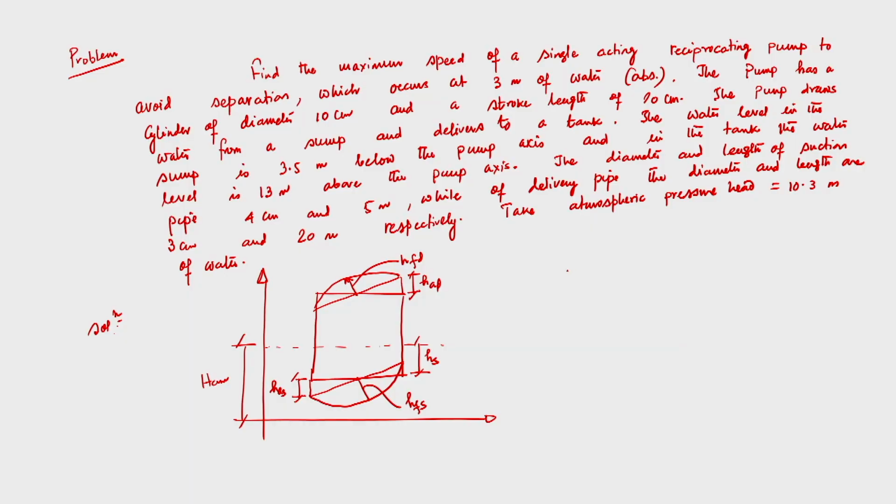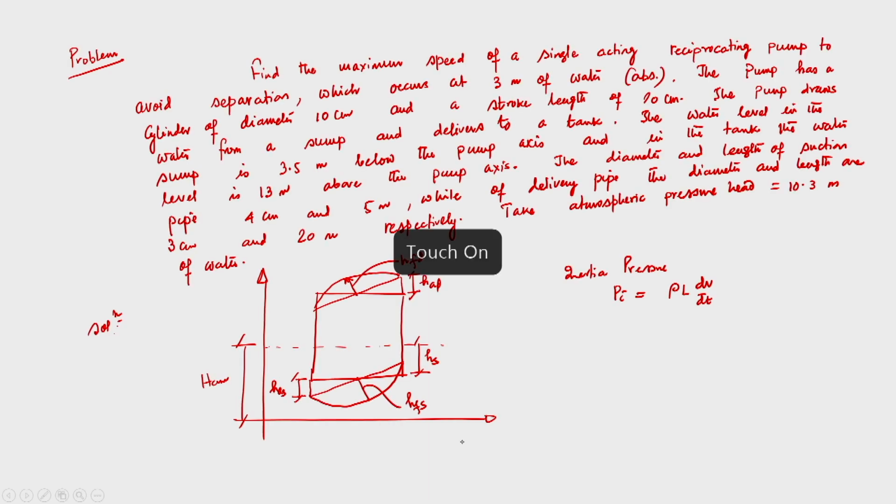Now what is inertial pressure? Inertia pressure Pi is equal to rho L dV/dt, and dV/dt, if you recall, is equal to A by a, where A is the cylinder cross-section area and small a is the pipe cross-section area, times R omega square cos omega t.